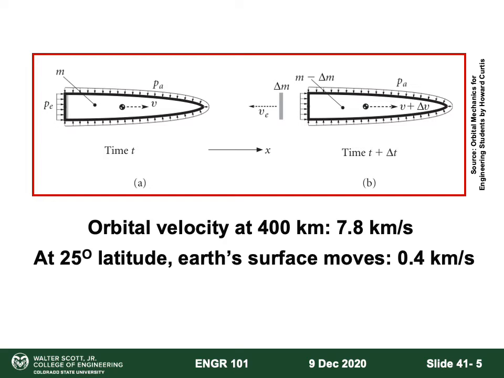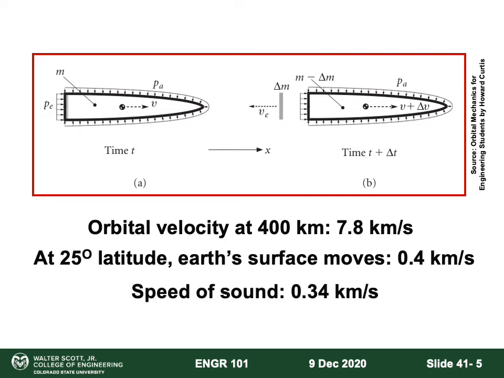As a quick aside, the most efficient place to launch satellites is at the equator, because the Earth's surface moves even faster than this, and that's why the French have their launch site in French Guiana, which is on the northern part of South America, very close to the equator.